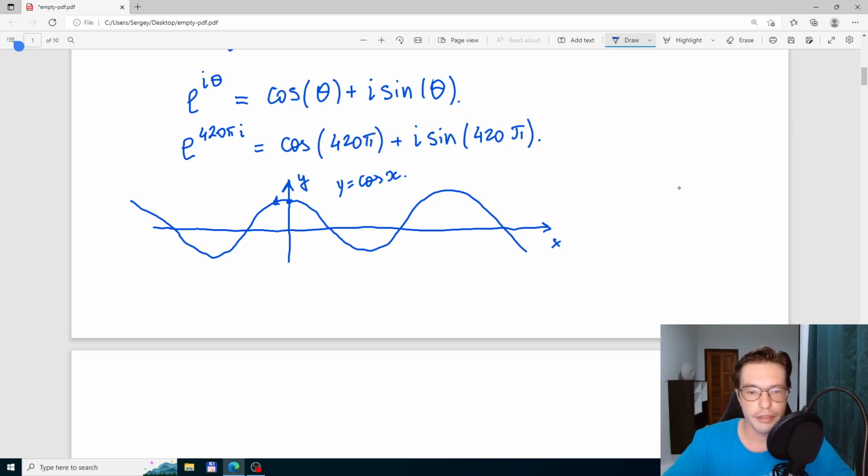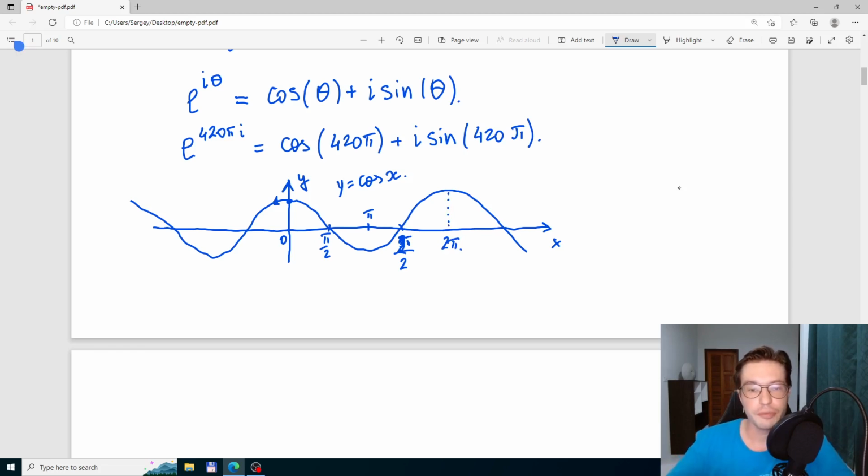So when x equals 0, y equals 1, this is pi over 2, pi, 3 pi over 2, and finally 2 pi.